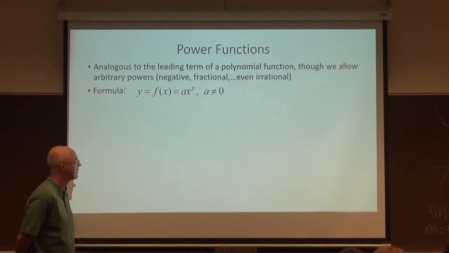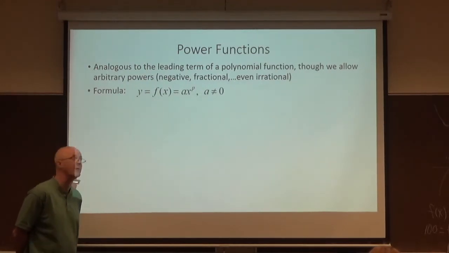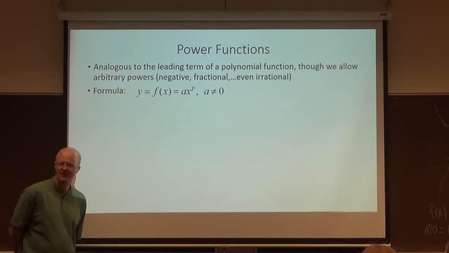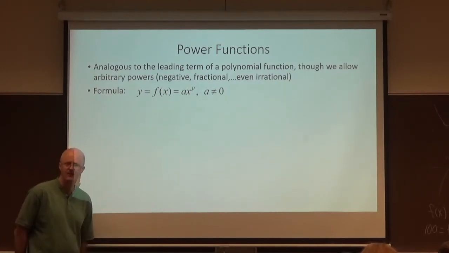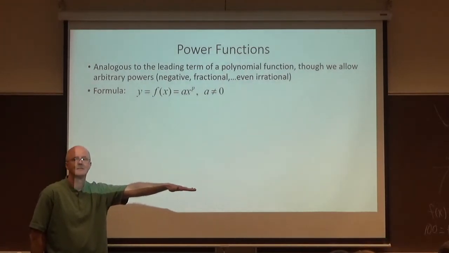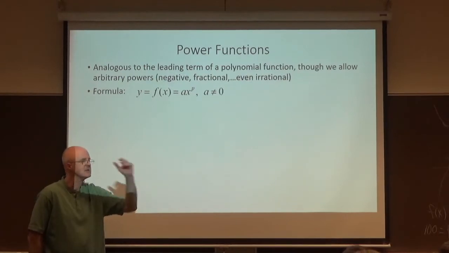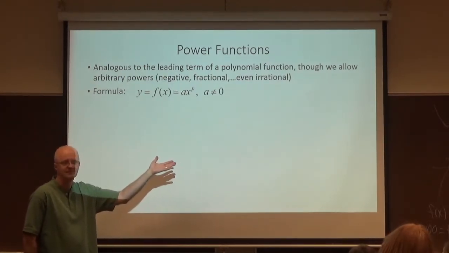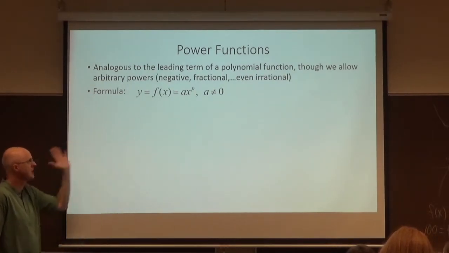A times x to the p, where we're implicitly assuming a is non-zero. The p equals 0 case is not very interesting. That would be essentially a constant function at a, even though technically 0 to the 0 power is undefined, but don't worry about that. We just assume a is non-zero. But there are no other terms.